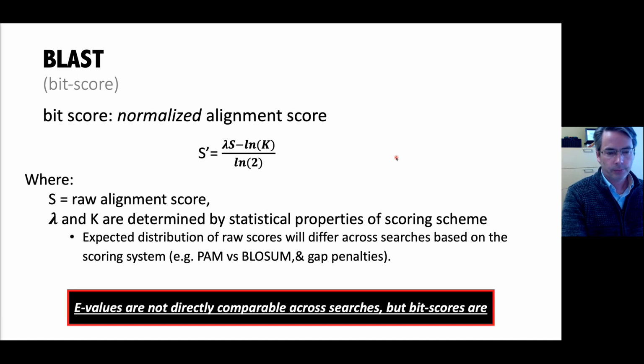So again, highlighting the main point, E values are not directly comparable across searches. They're still telling you within that search how likely you were to see it by chance.